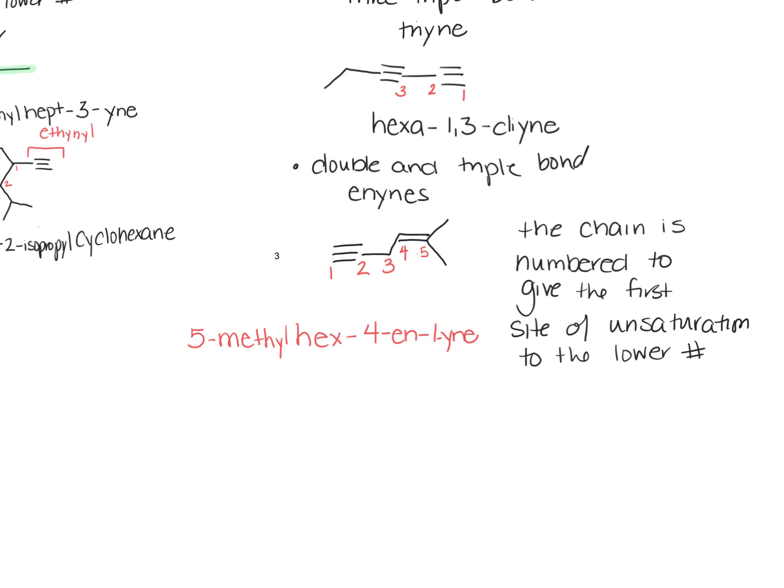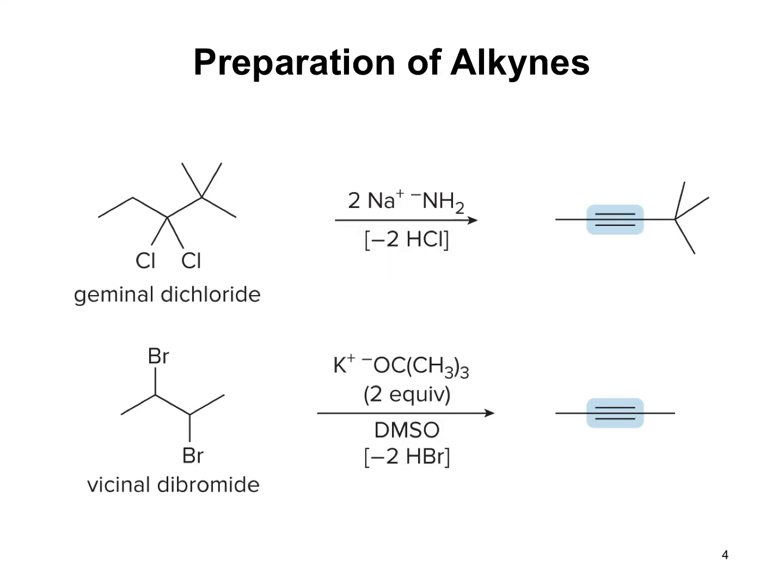Now, how do we synthesize alkynes? Well, we've worked on this a little bit before, so this next part is just really a review. But alkynes are prepared by elimination reactions. A strong base, which we talked about before, removes 2 equivalents of HX, so as HCl, to give an alkyne.